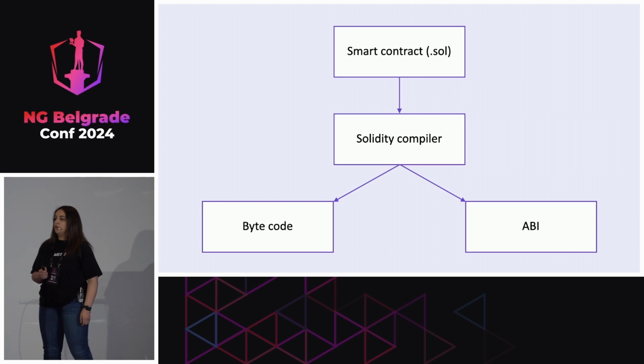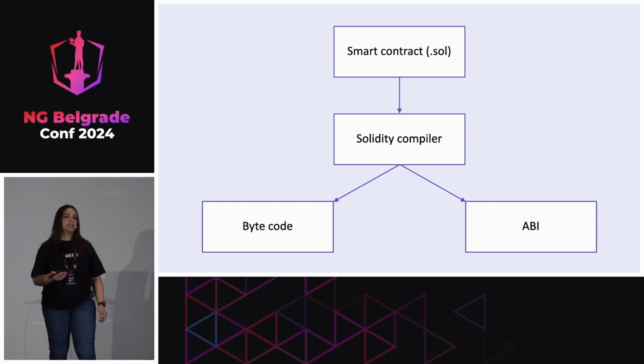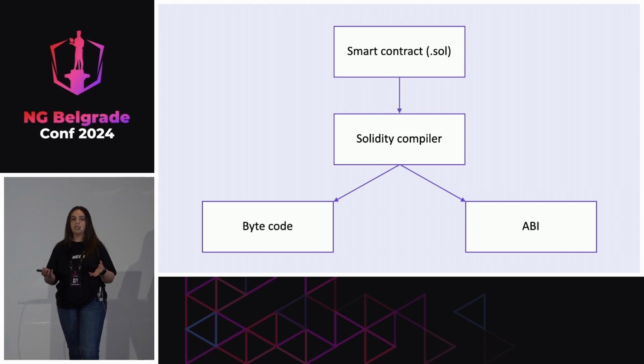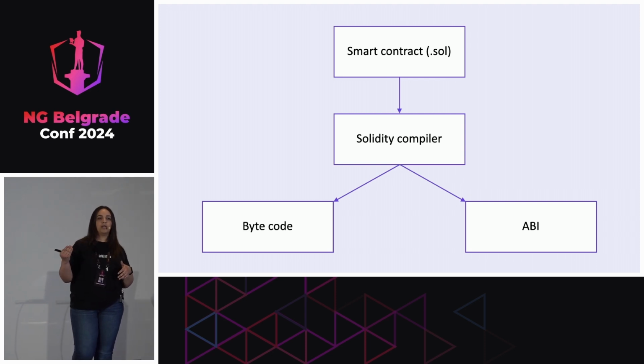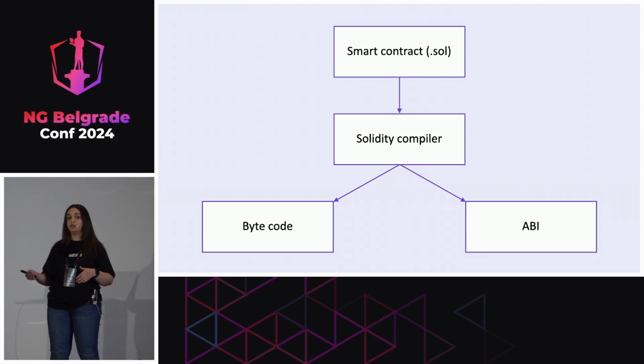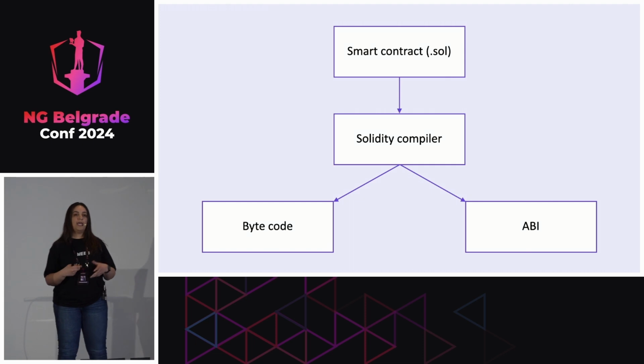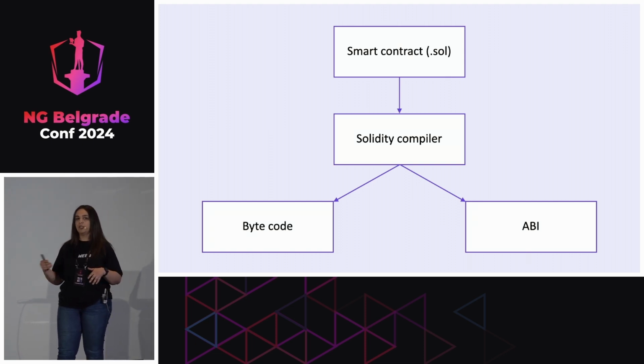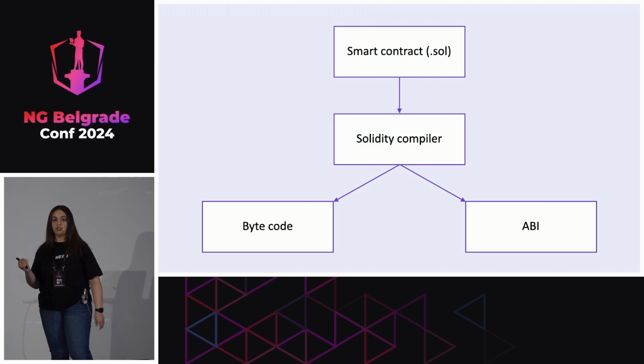Smart contracts. Smart contracts are actually computer programs that in practice automate some operations in the blockchain. So we have some functions that we can call, and it does everything for us on the blockchain.